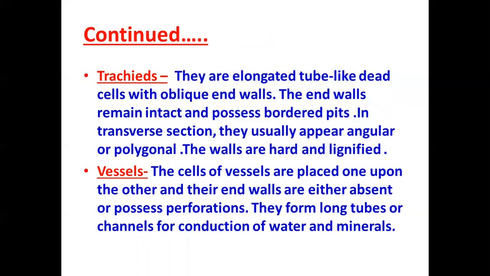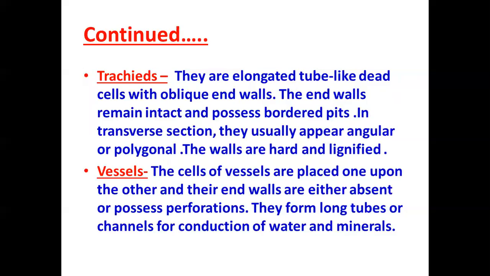Now, what are tracheids? One by one we will see. If we talk about their structure, they are elongated, tube-like dead cells with oblique end walls. The end walls remain intact and possess bordered pits. In transverse section, they usually appear angular or polygonal. The walls are hard and lignified.